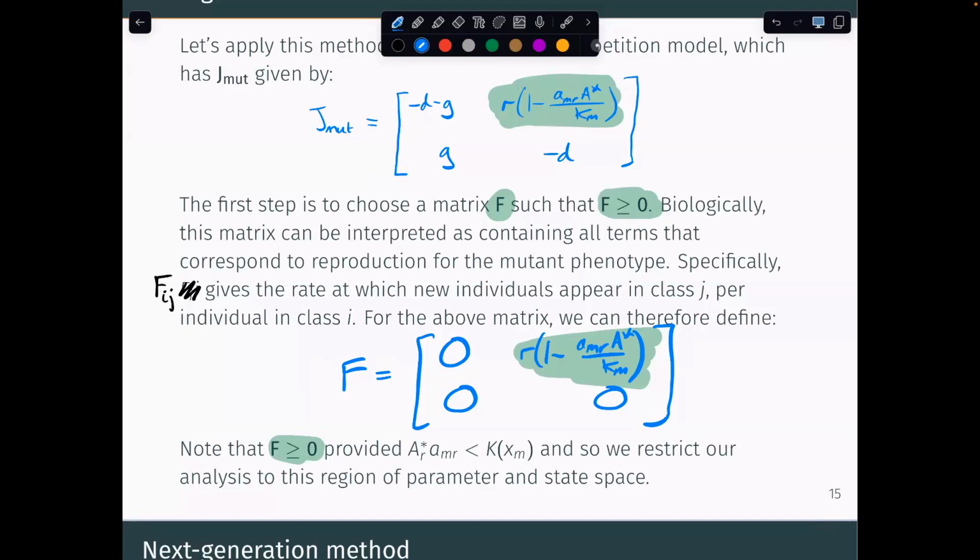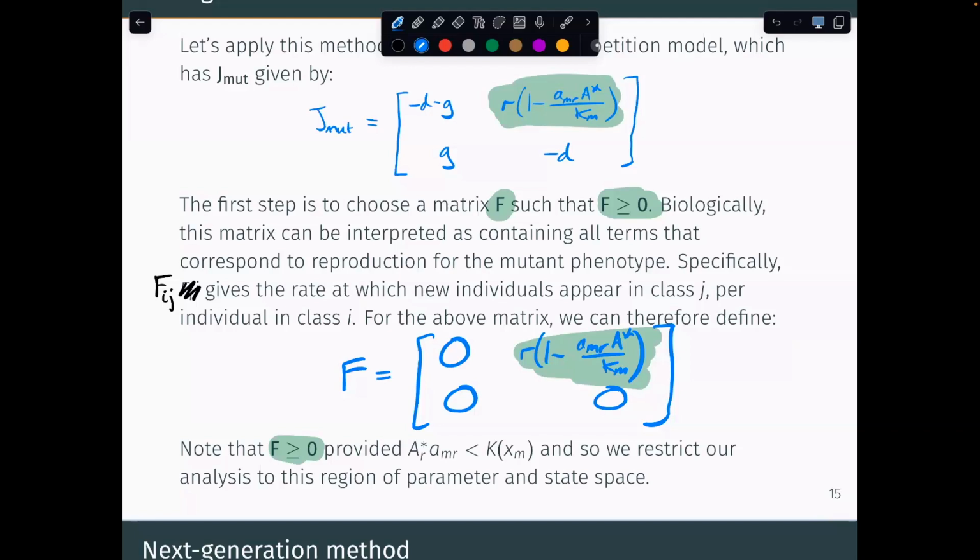As far as this is concerned, it depends a little bit on this interpretation of F being greater than or equal to 0, because you can decompose that matrix in that way as well. We tend to decompose this as, this is the birth term, so we are only going to focus on this when this is non-negative. So this links into this part here.